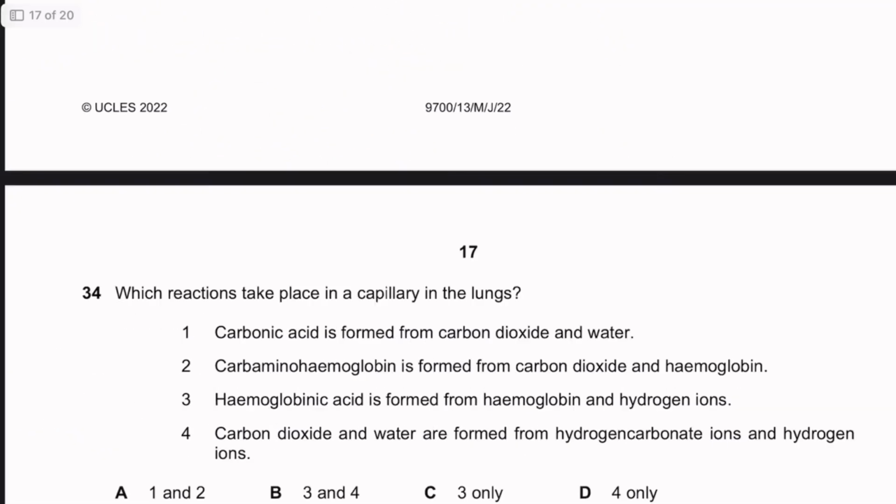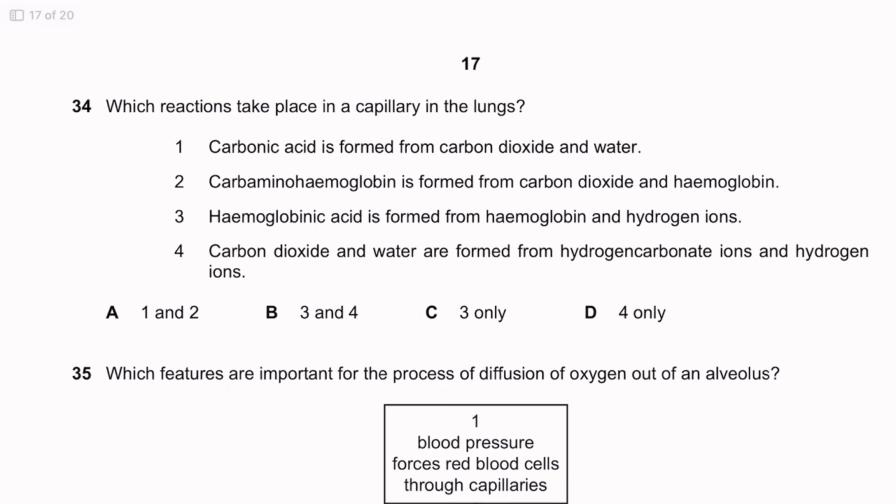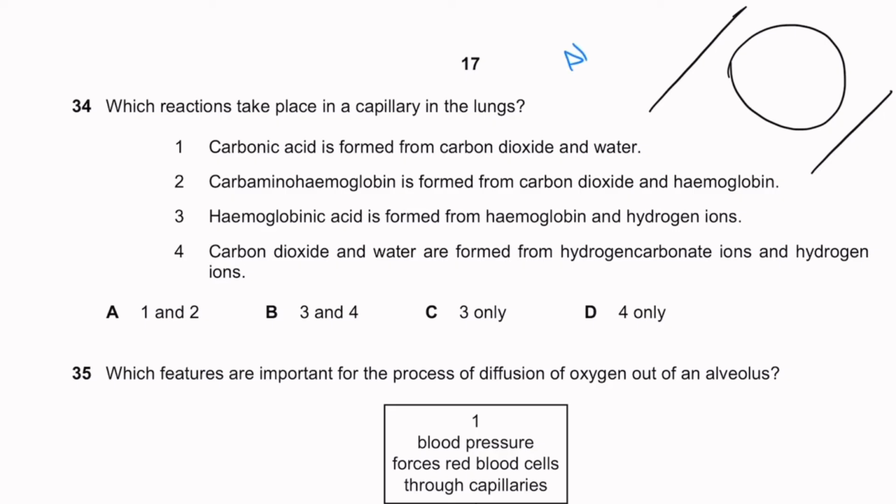Okay, next we have which reactions take place in the capillary of the lungs. Carbonic acid is formed from carbon dioxide and water. Okay, let's remember the Bohr shift together. So we have a red blood cell, and it's now in the capillary right next to the alveolus. So this is the alveoli, and this is obviously the red blood cell.